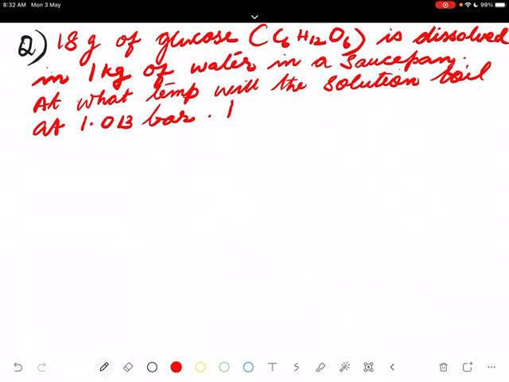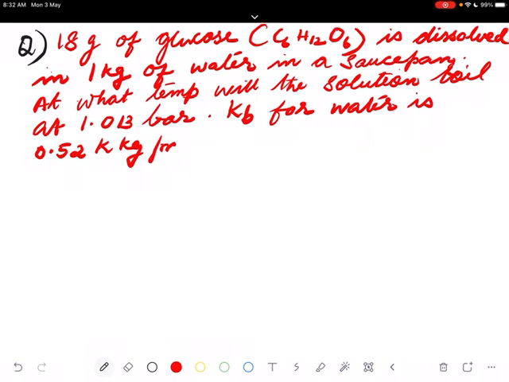Kb for water. This is the solvent, water. This is a constant for water. Maybe another solvent like benzene has another Kb. Kb for water is 0.52 kg per mole.